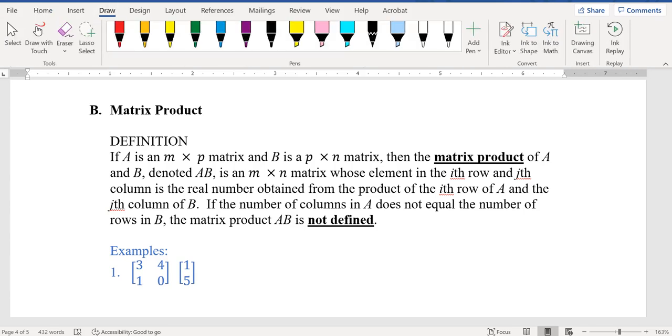In other words, when you do A times B, those P's have to match up, and the resulting matrix will be an M by N matrix.